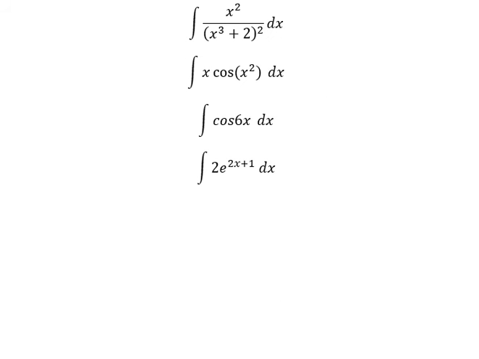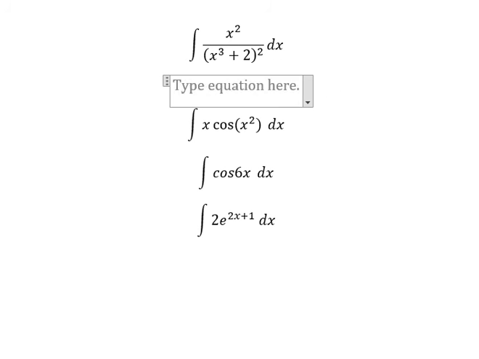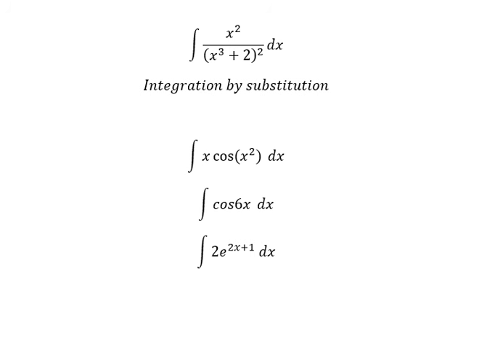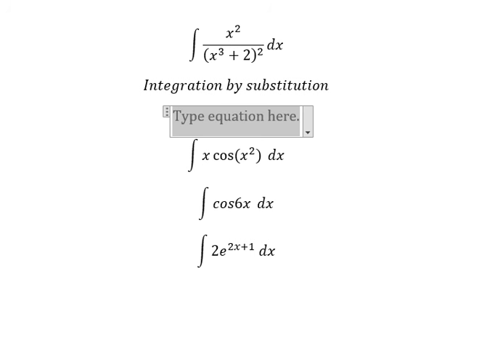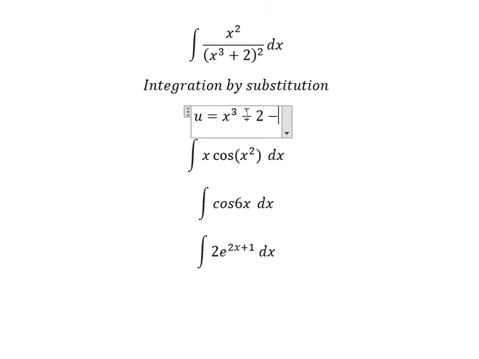Now let's go to the next one. We need to use integration by substitution. So I need to put u equals to this one. Later we do first derivative for both sides.